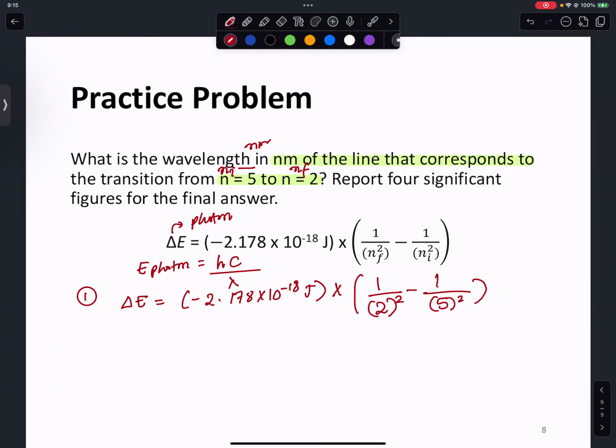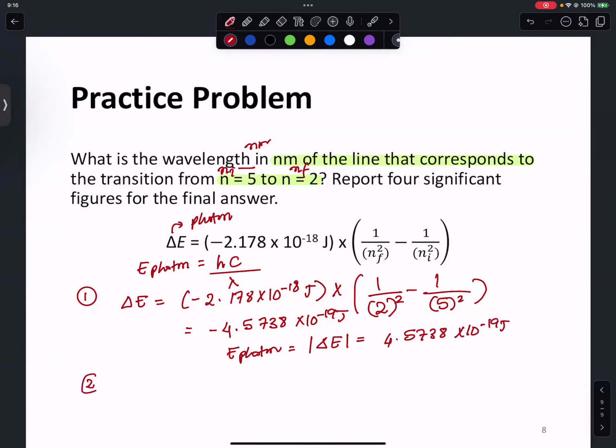And this right here, when I plug it into my calculator, will give me negative 4.5738 times 10 to the negative 19 joules. All right. Now, if I want to calculate the energy of the photon, I will take its absolute value, which is 4.5738 times 10 to the negative 19 joules.